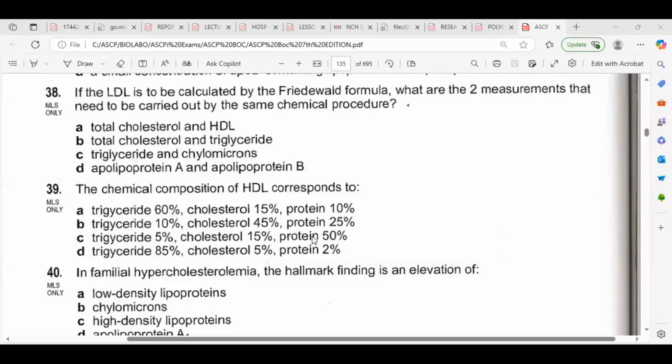Otherwise, the rest of the questions are simpler. It doesn't mean you will not have them in your exam. You may have some of them, but most of them are not really challenging. Next time we will also include the others that are not MLS, because these sessions will continue.